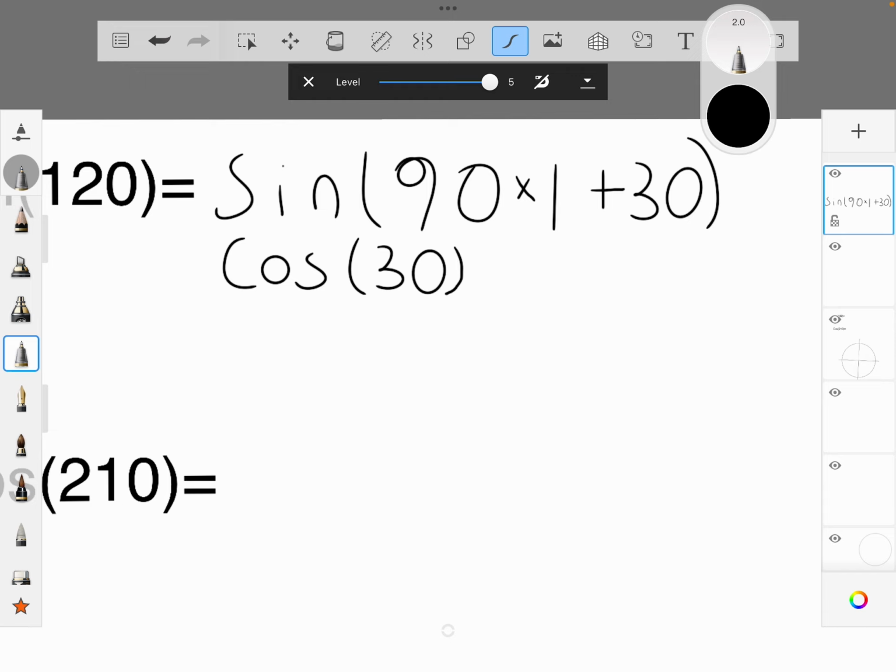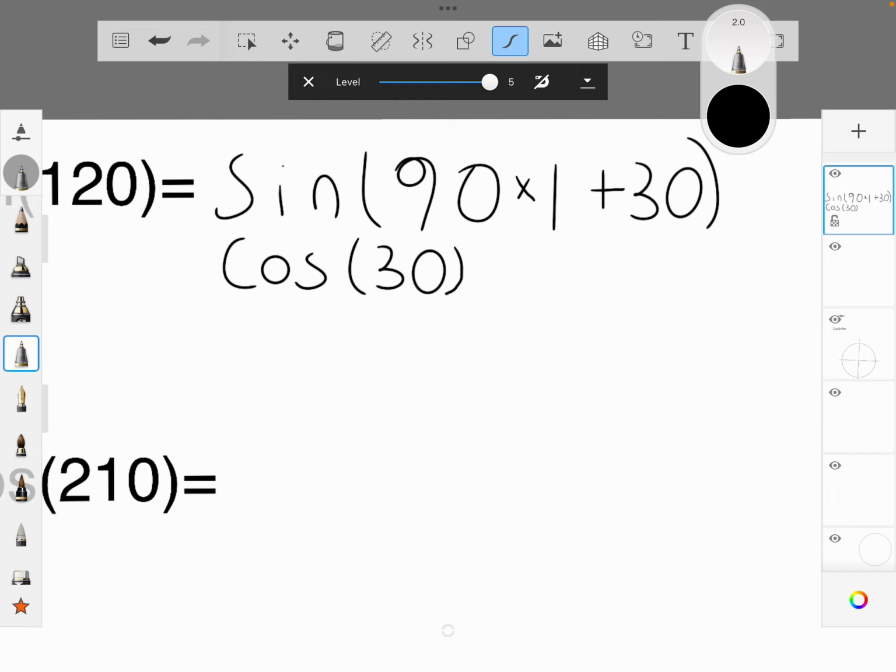If we look at our special right triangle, specifically our 30, 60, and 90 degree triangle, we see that the side adjacent to the 30 degree angle is x times the square root of 3. And the hypotenuse is 2x. So our answer would be x times the square root of 3 over 2x.